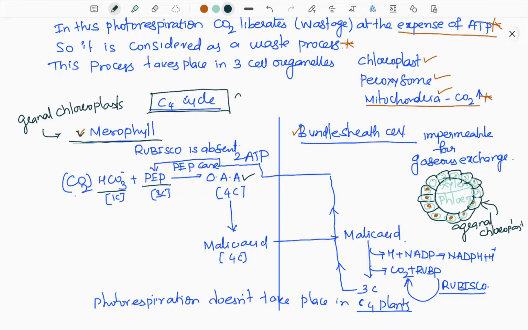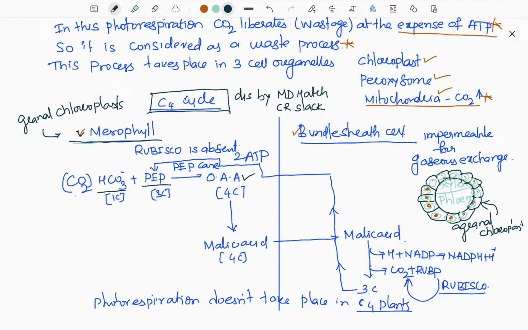It is discovered by MD Hatch and CR Slack. So it is called the Hatch-Slack cycle.